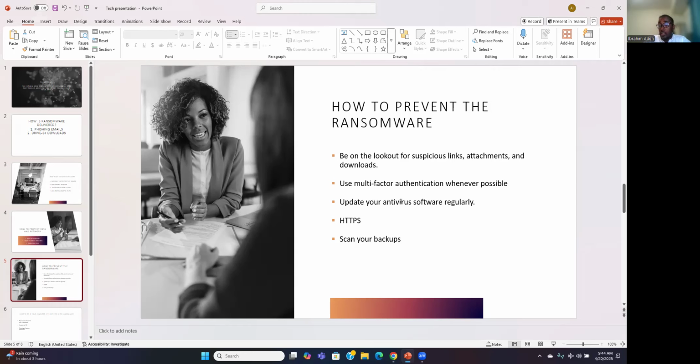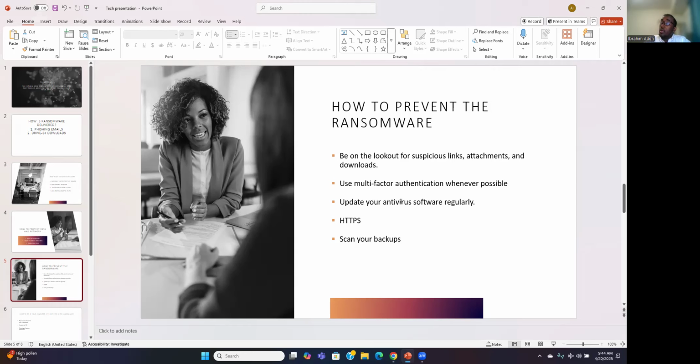So make sure you have a very strong password, and also use multi-factor authentication whenever possible. That two-factor authentication could be your strong password, and your phone number or another email.